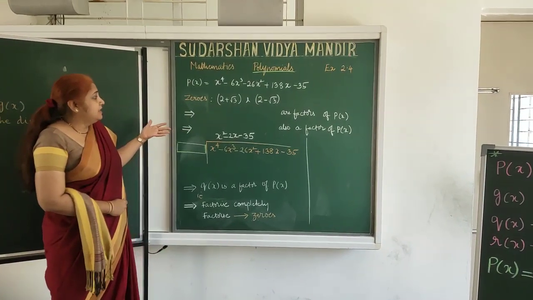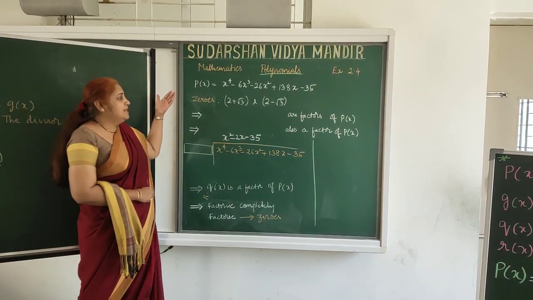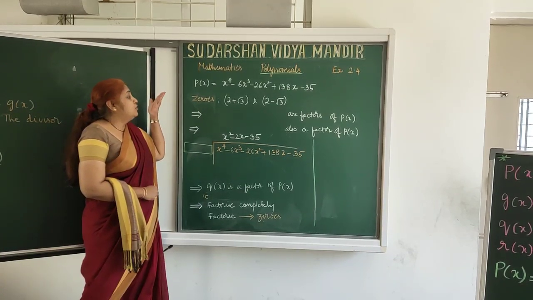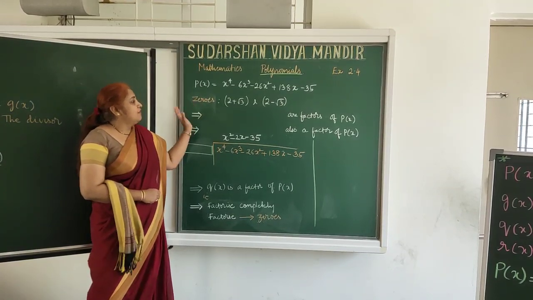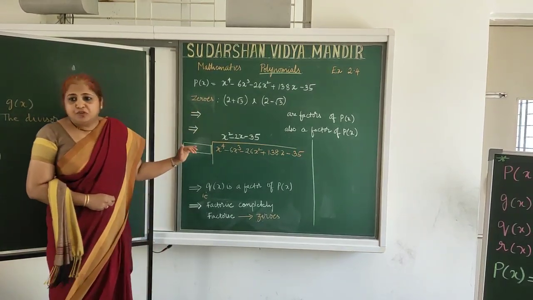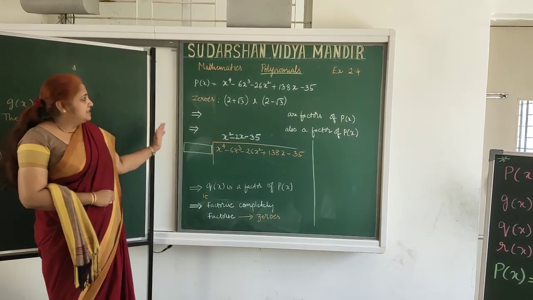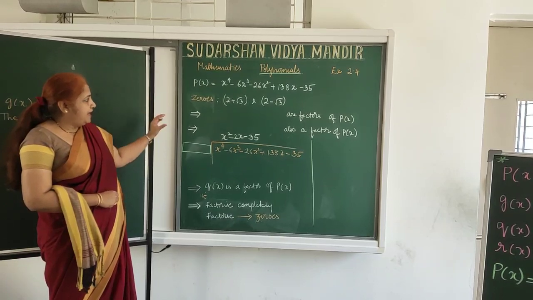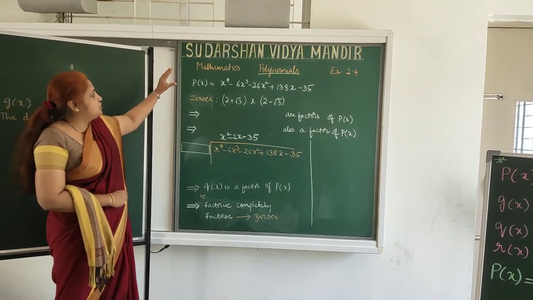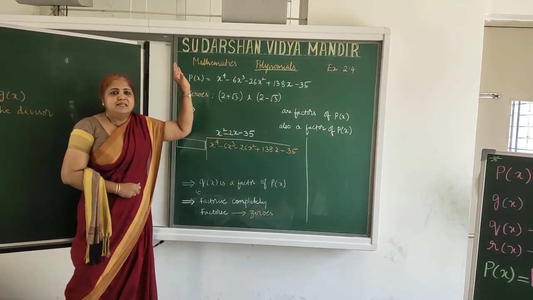Children, if you remember, the last problem that we took up was when a polynomial is given and zeros of the polynomial are given. Using this, we found out the other zeros of the polynomial. First of all, what is a zero? A zero of a polynomial is the value of x when substituted in the polynomial gives you the result as 0.